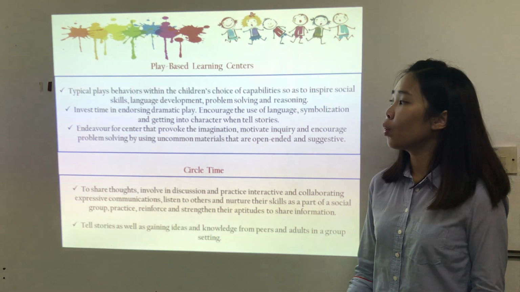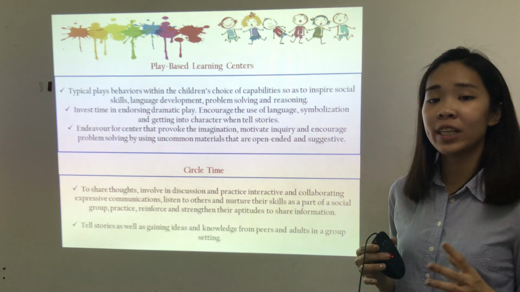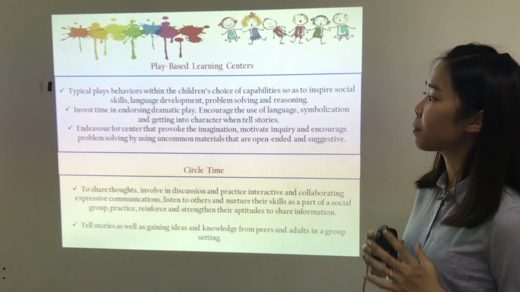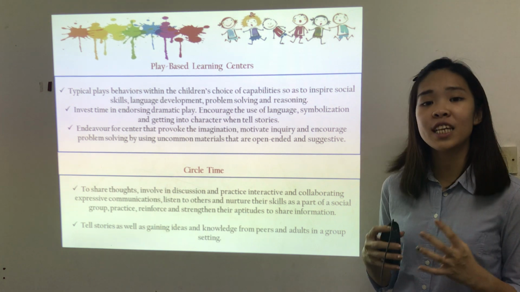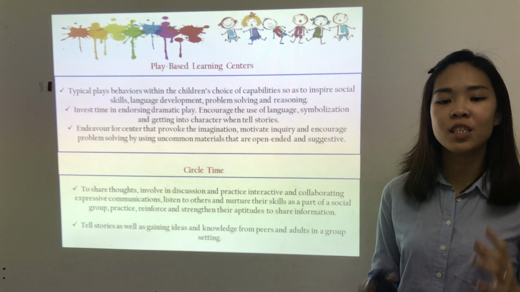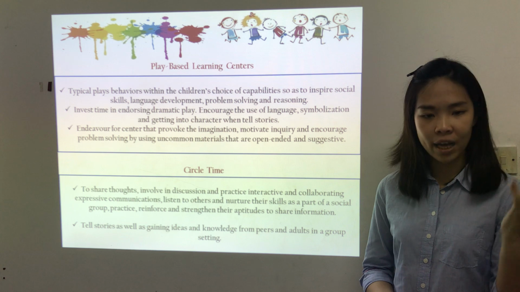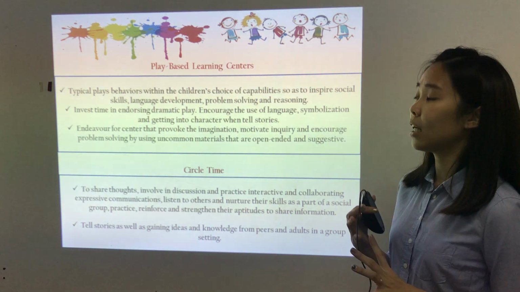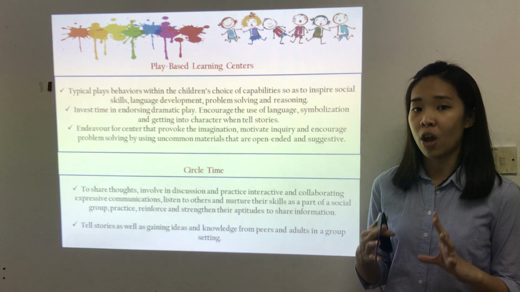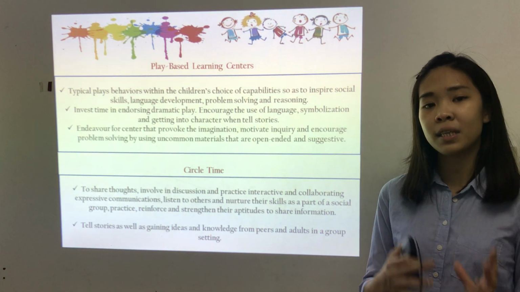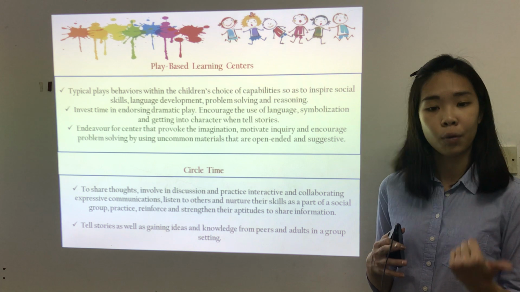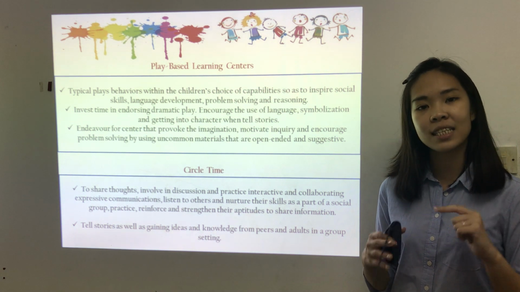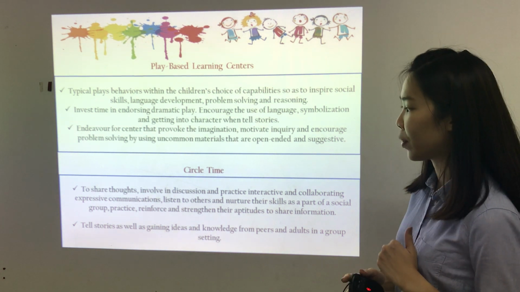Play-based center. So play-based center is actually they can shape the typical play's behavior within the children's choice of capabilities, so to inspire social skill, language development, problem solving, and reasoning. Teachers can invest time in endorsing dramatic play as well, because dramatic play can encourage the use of language, symbolization, and getting into character when telling stories.